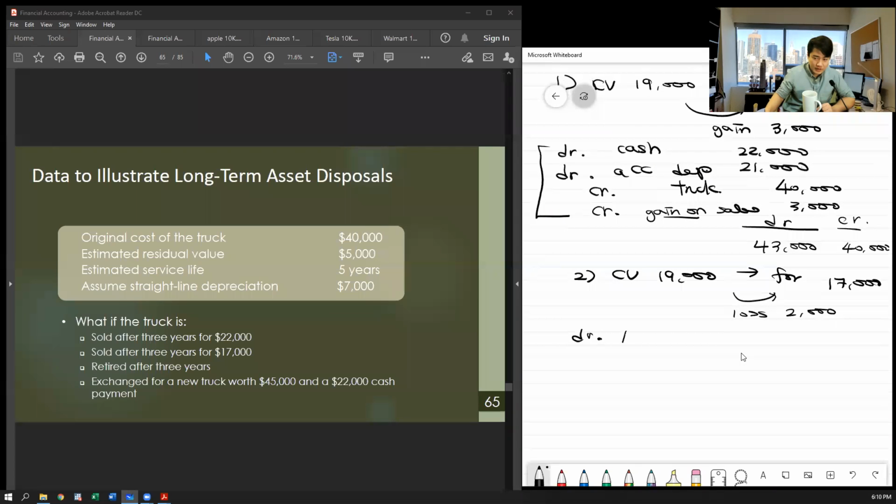You're going to debit accumulated depreciation at 21,000, and you're going to credit truck. The original price was 40,000. And on the debit side, you're going to receive $17,000 of cash.